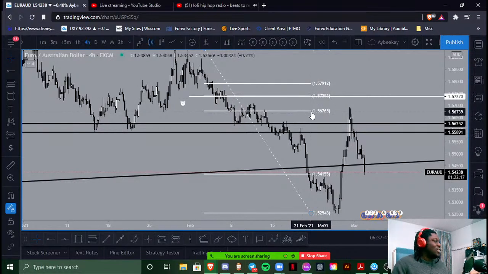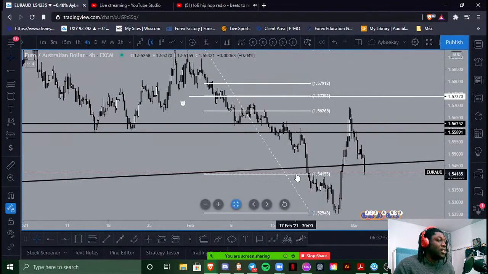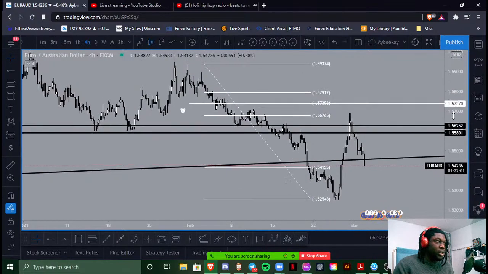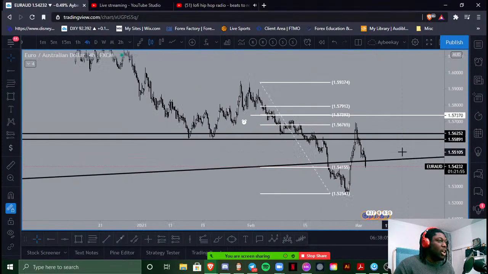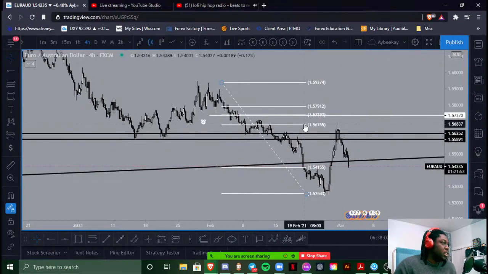It makes you think this looks like a genuine drop, because right now, even if I were to take it from the 61% fib, my stop loss is at break even. I would have taken 75% profits, and I would have just let the trade do whatever it's gonna do. So again, I can't really say that this isn't a sell, because it's respecting places that I would have looked to sell at.